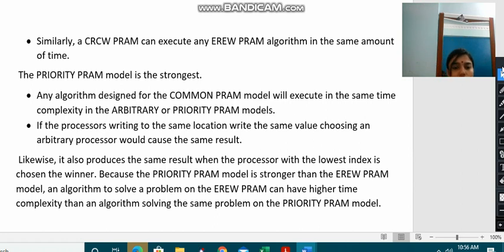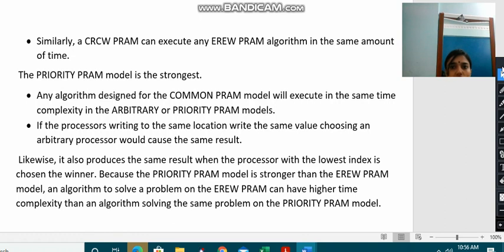Why is the priority model considered the strongest one? Because here any algorithm which is designed for the common PRAM model will execute in the same time complexity as in the arbitrary or priority PRAM model. If the processors writing to the same location write the same value, choosing an arbitrary processor could cause the same result.